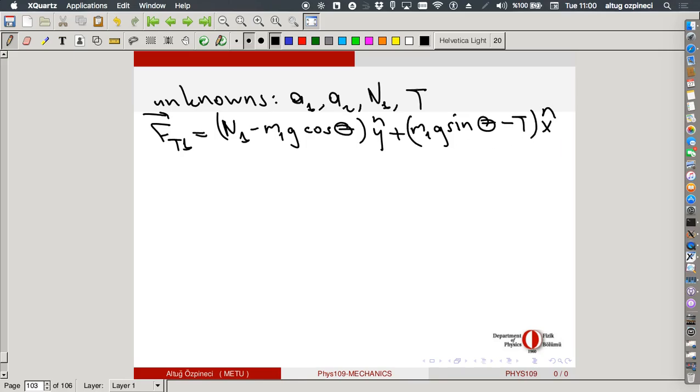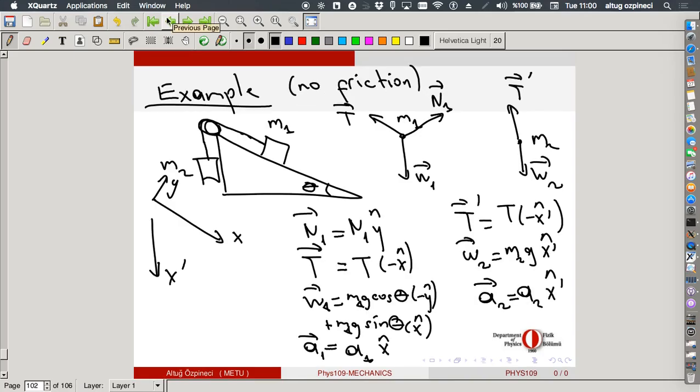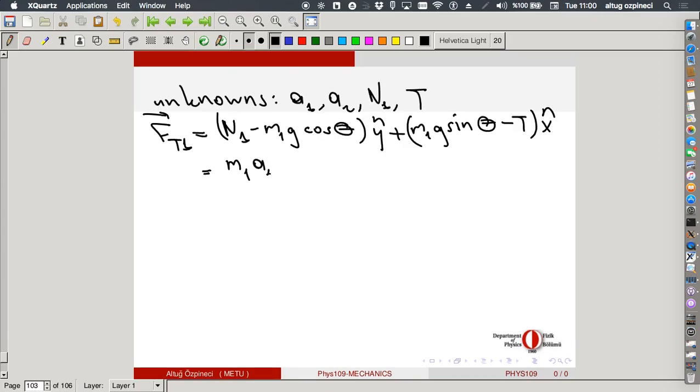This is the total force. Now the second law just tells me that this is equal to m1 times the acceleration vector. The acceleration vector I just defined like this, a1 in the x hat direction.